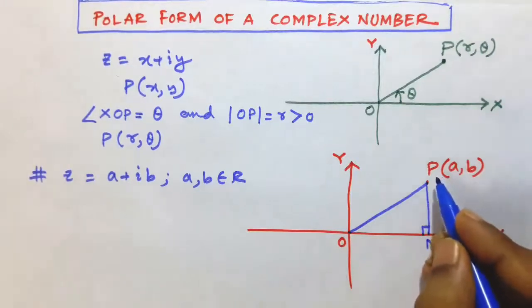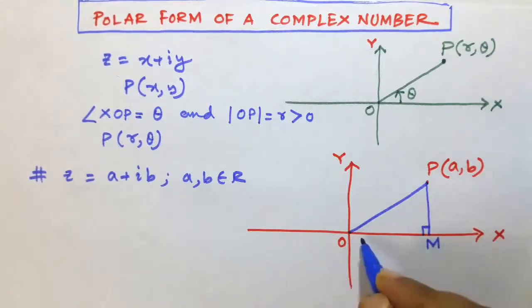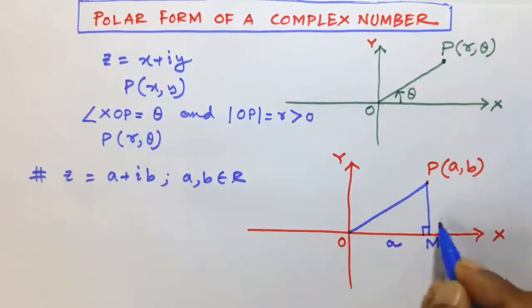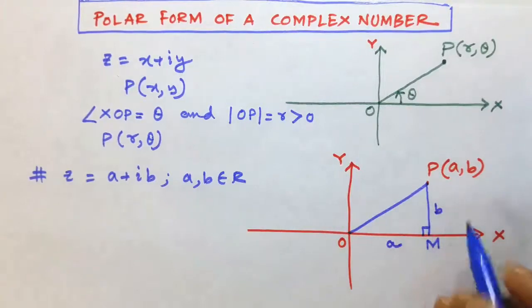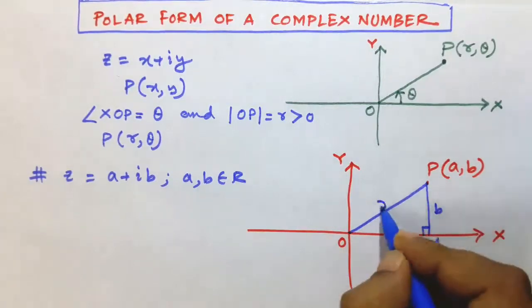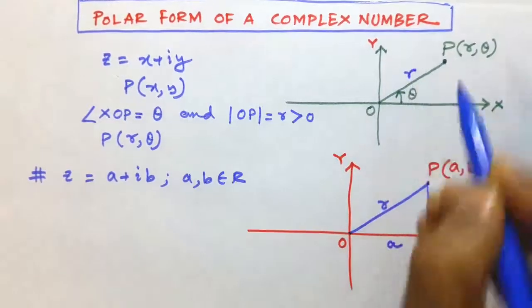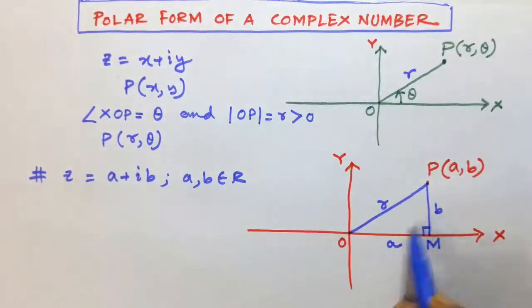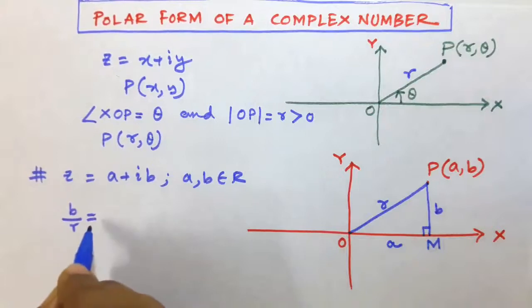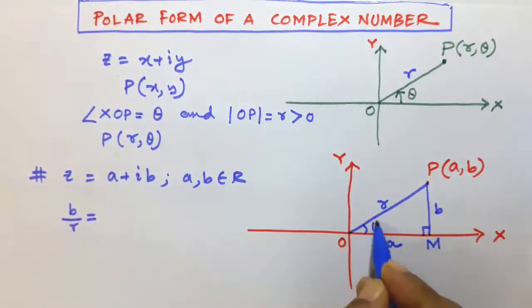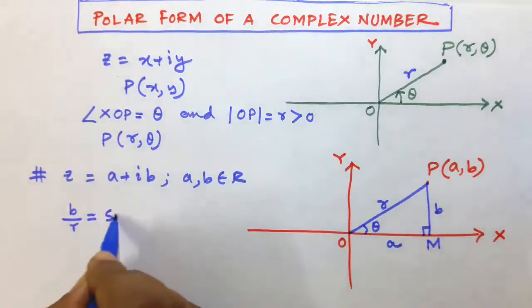Now triangle PMO is a right angle triangle where OM is equal to small a units and MP is equal to small b units and OP is equal to r. So using rules of trigonometry, we find that b divided by r is equal to sin theta.